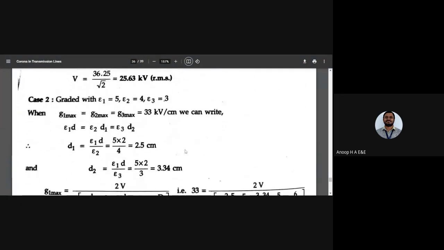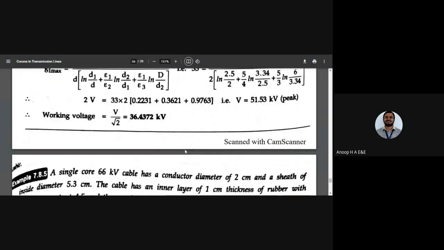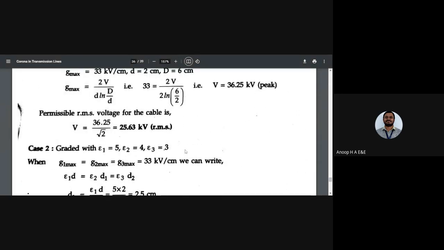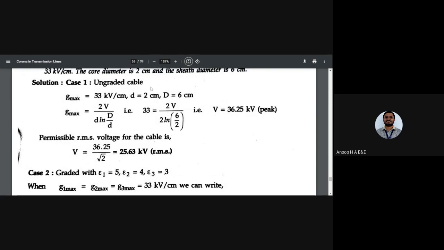So what we are going to do with potential gradient at 33 kilovolt per centimeter, the core diameter is 2 centimeter and sheath diameter is 6 centimeter. So let's go for case number 1 and next case number 2, and we are going to find out what is the change, what is the working voltage and all. So I want you to write down this problem, which is 7.8.4.